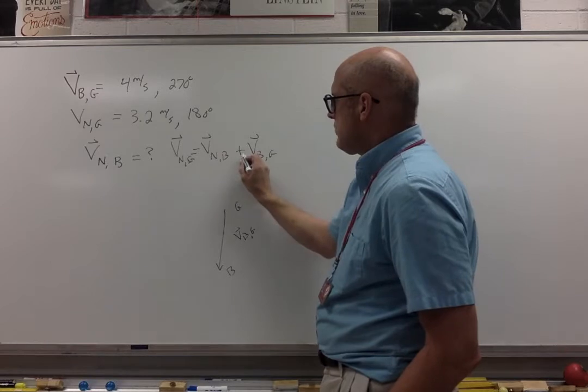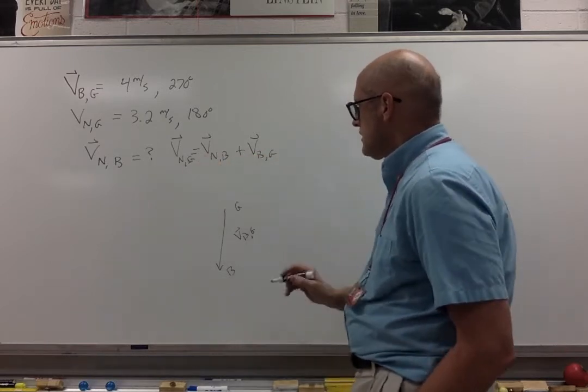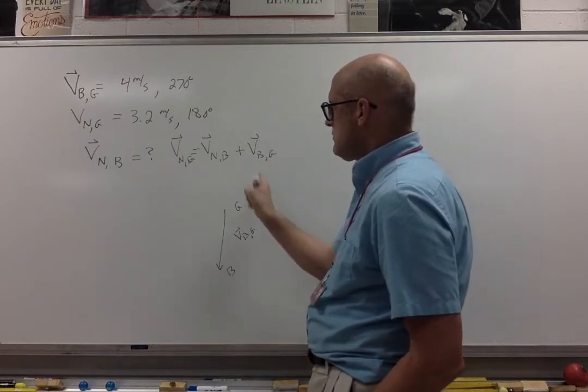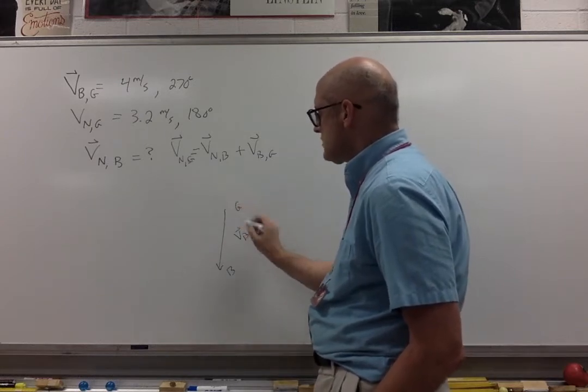So VNB plus VBG is VNG. So VBG plus VNB, which we're looking for, should give us VNG, which is 180 degrees.